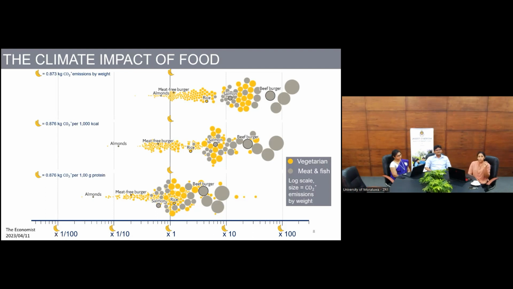So relative to a banana, how many emissions does a beef burger or a slice of salmon or rice emit? And here the first panel is showing you the emissions by weight. So let's say kilograms. The next one is showing you emissions per 1,000 calories that you would consume of that particular food.